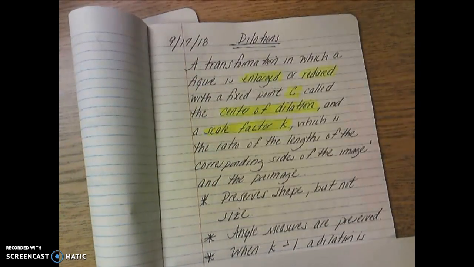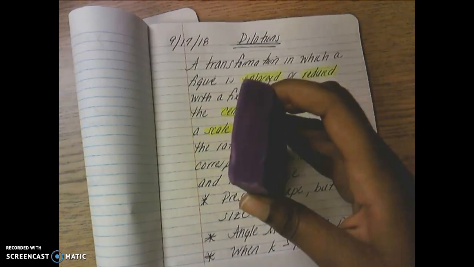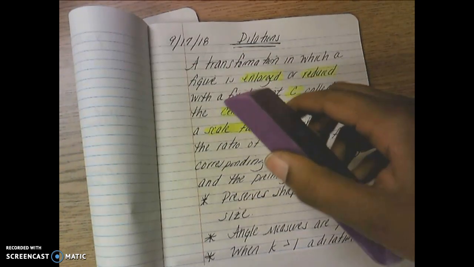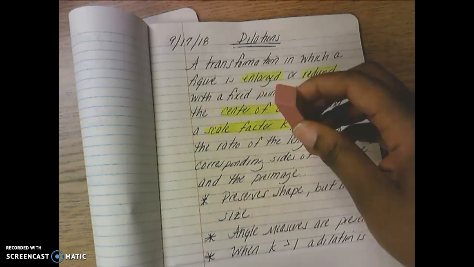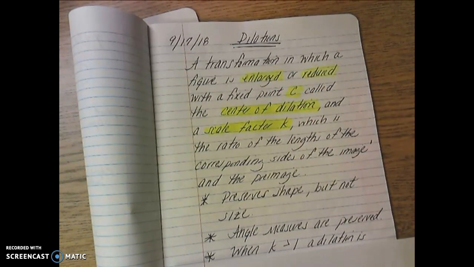And that's all that's meant by the shape stays the same, but the size does not. As far as the angle measures, if I say that this angle here is maybe, I don't know if you can see that, but if that angle is about 45 degrees, then the angle measure here would be somewhere around 45 degrees for that.